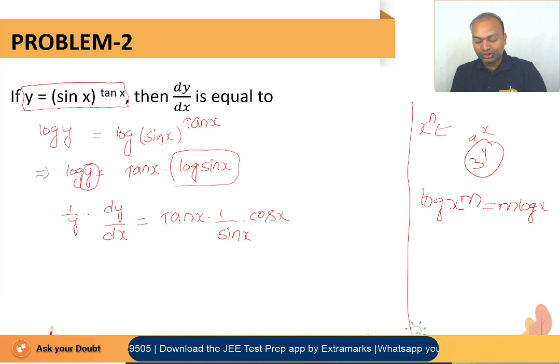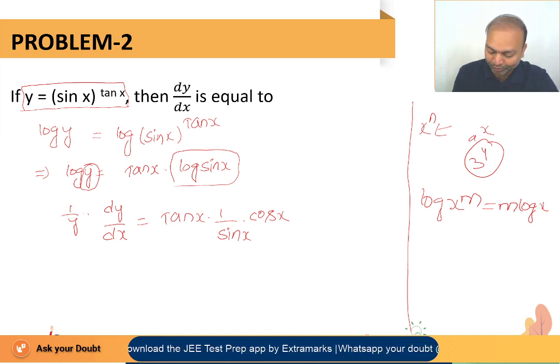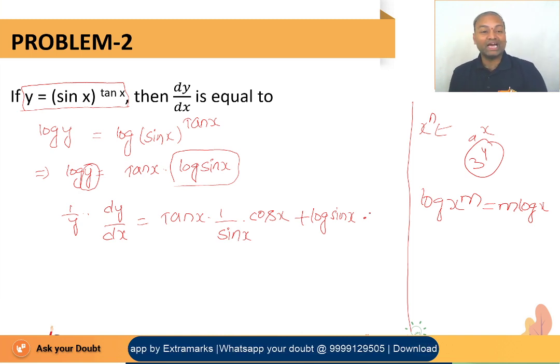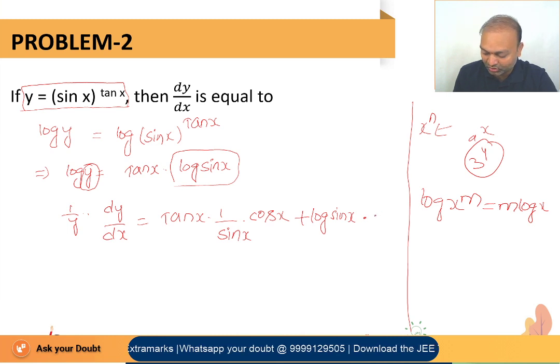Finish. U into derivative of V plus V into derivative of U. That is log sin x into derivative of tan. Tan derivative is secant square x. So here I am writing secant square x.